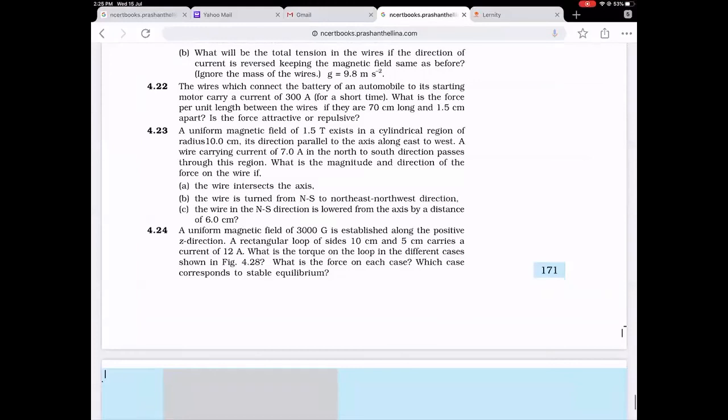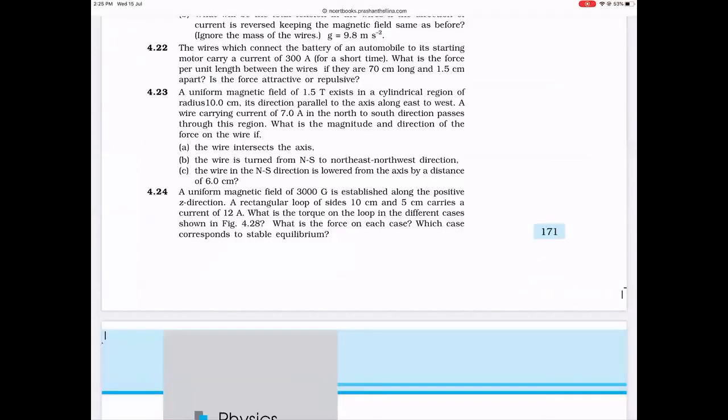Please do 22. They have given you the length of the wire. They have given you the distance between them. So you can find out the force per unit length.